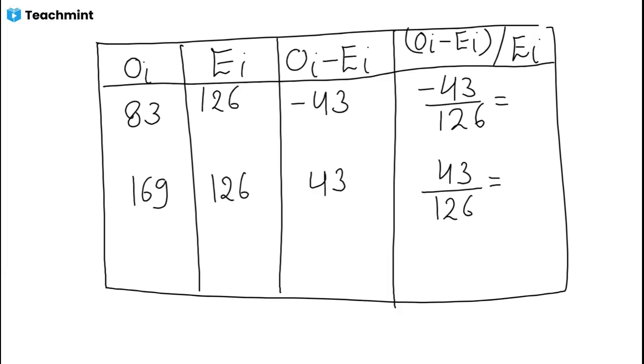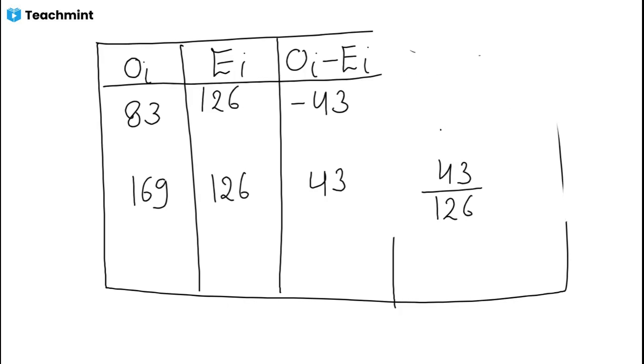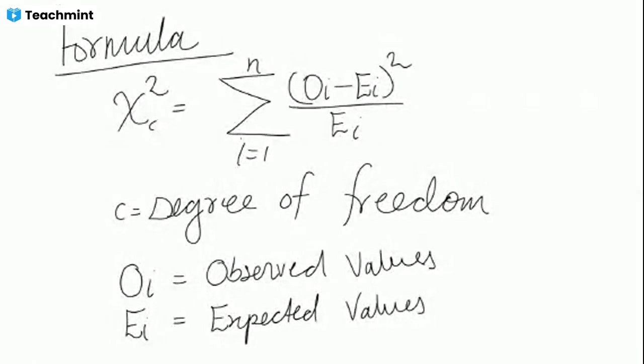Sorry, we have the square also, my mistake. We need to find one more column, then we'll divide by this.